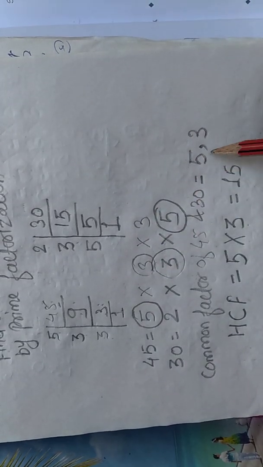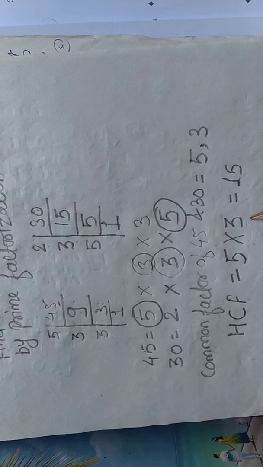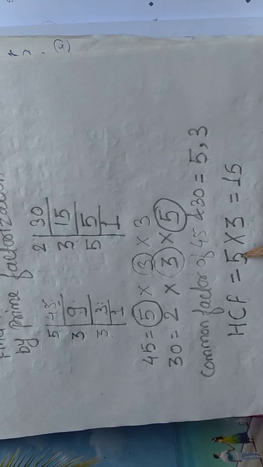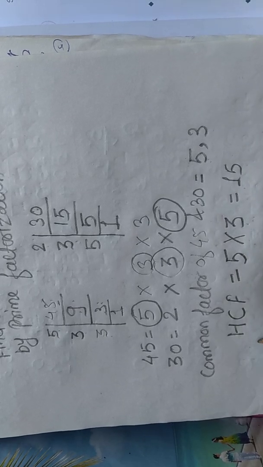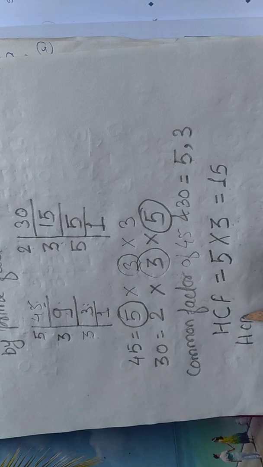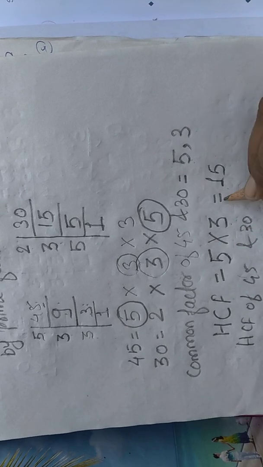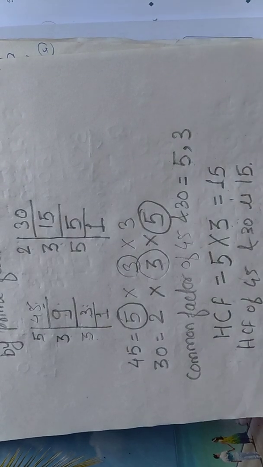Here the common prime factors are 5 and 3. The product of 5 and 3 is equal to 15. So the HCF of 45 and 30 is 15. 15 is our answer.